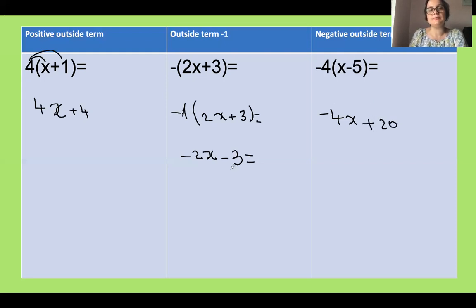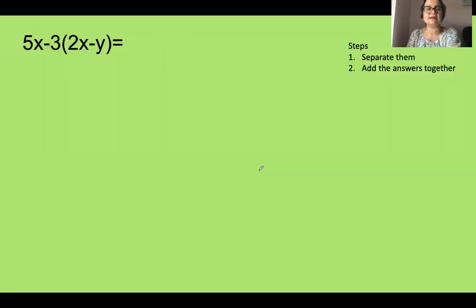So we are going to apply all these skills in the next example. We have 5x minus 3 that multiplies 2x minus y. Write 5x as it is, and let's expand the next bracket. Remember, it's -3. It's not 3 that multiplies the bracket, it's -3. So -3 times 2x becomes -6x.